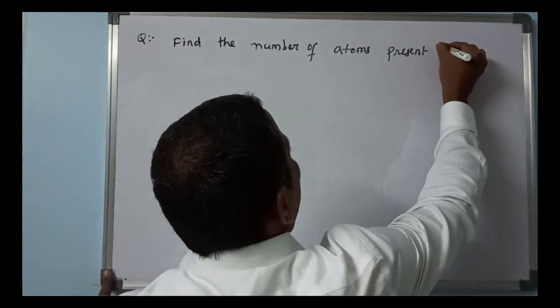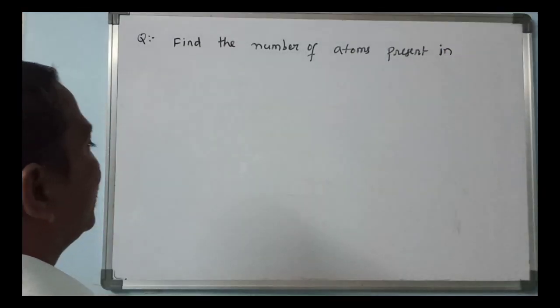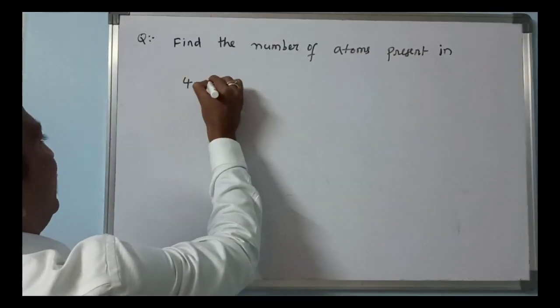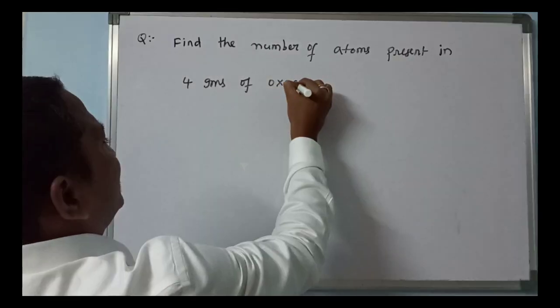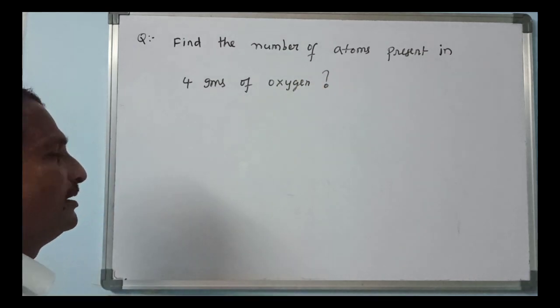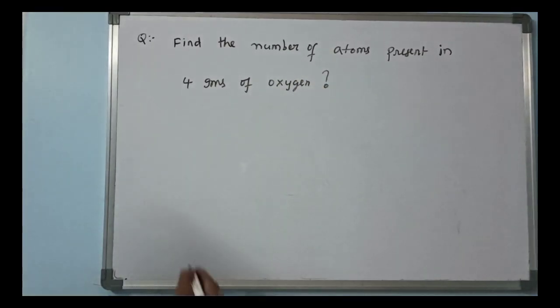See, question. Find the number of atoms present in 4 grams of oxygen.